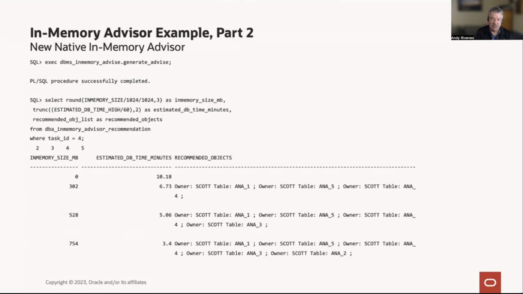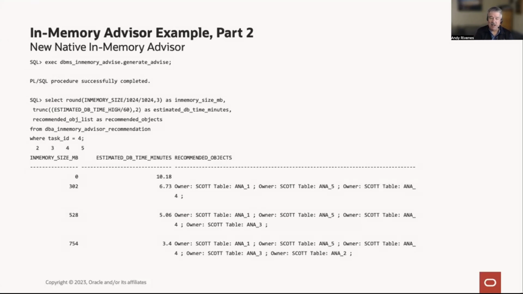So there's more than just these columns. There's a couple other time-based columns in here, but from a simplicity standpoint, based on the in-memory size, and notice it starts off with 0, it says that workload is estimated to take 10 minutes with no in-memory, and then with in-memory, based on 300 meg SGA in-memory column store, 500 and 700 megs.